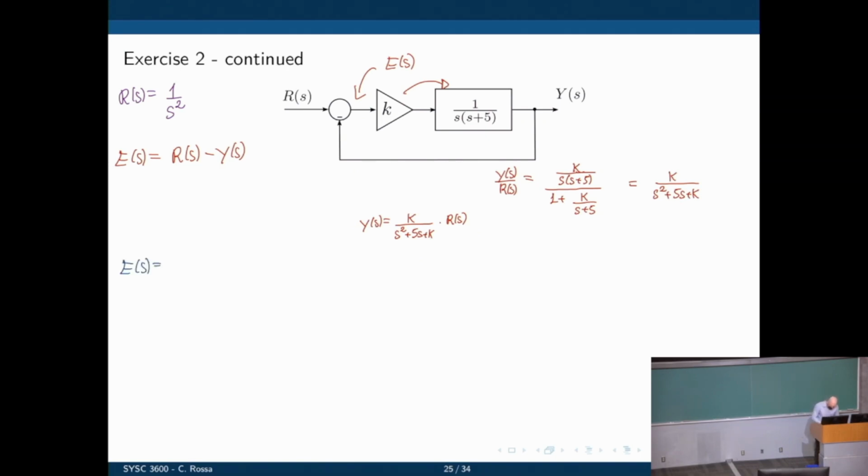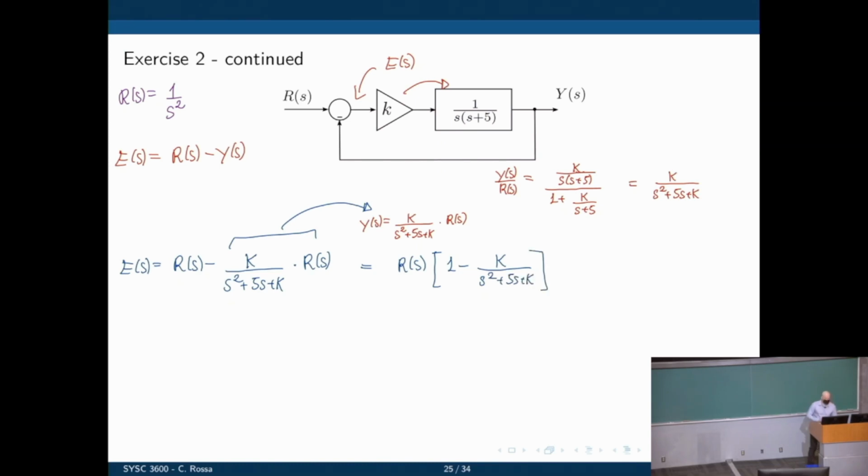And the error is simply R of s minus K over s squared plus 5s plus K, all times R of s. That comes from here. We can factor out R. This is R of s times 1 minus K over s squared plus 5s plus K. Now this is the error for all times.